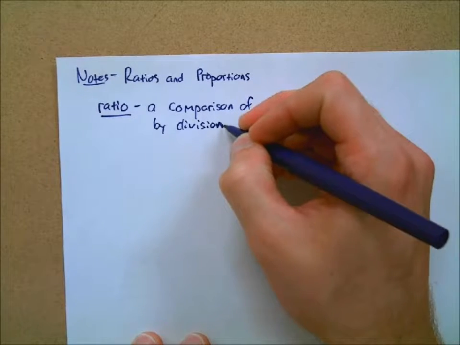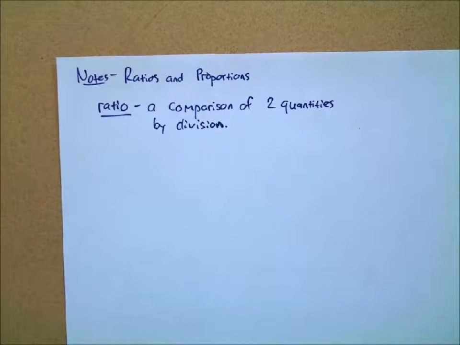A comparison of two quantities by division. So every fraction that we come across is also a ratio, right? What is a fraction? It compares two quantities using the division bar. So 1/5, that's a ratio as well as a fraction.